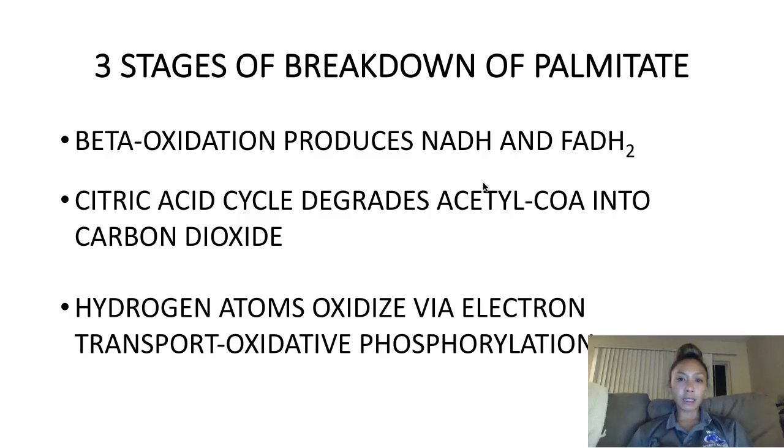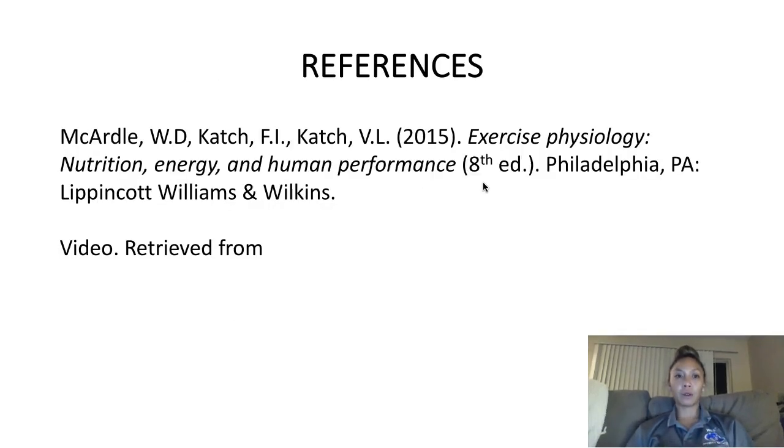The citric acid cycle gets acetyl-CoA into the carbon dioxide, and hydrogen atoms oxidize via electron transport oxidative phosphorylation. The oxidative phosphorylation is very, very important because we need oxygen in order to make ATP. Thank you so much.